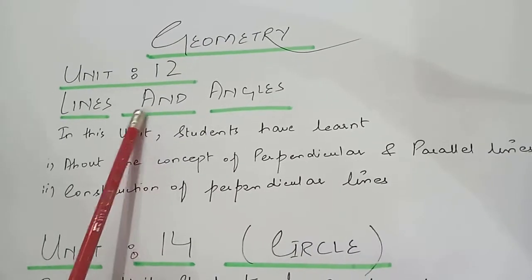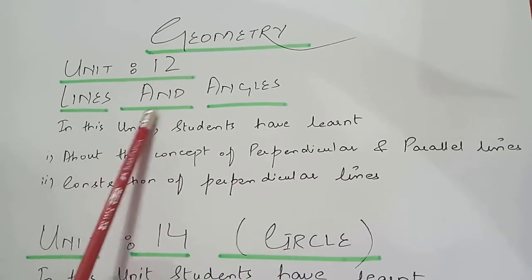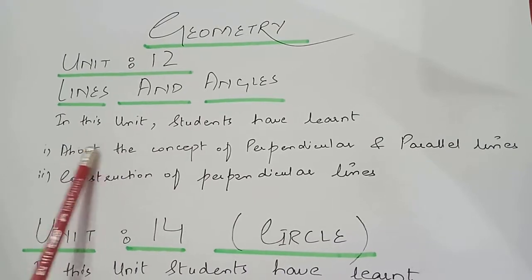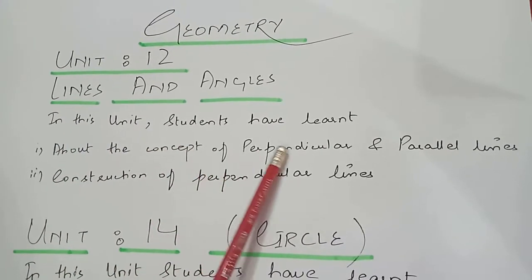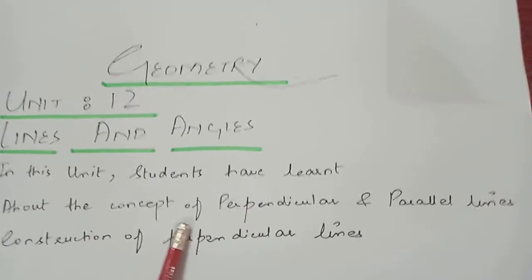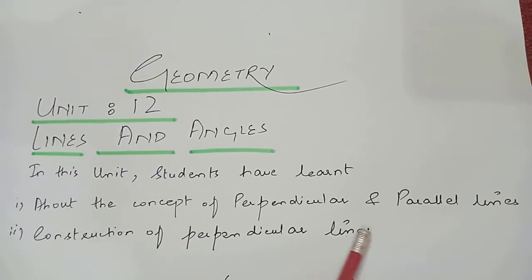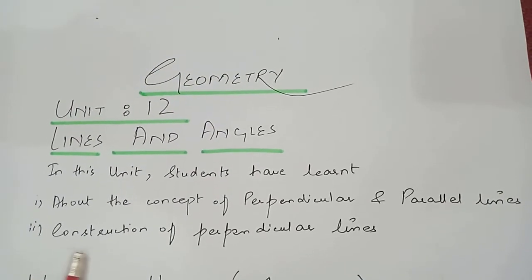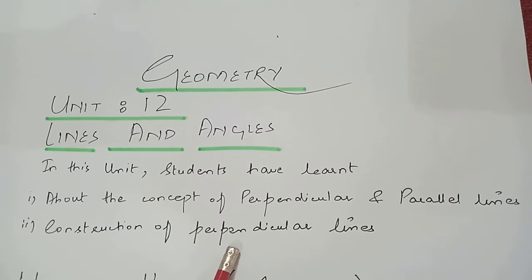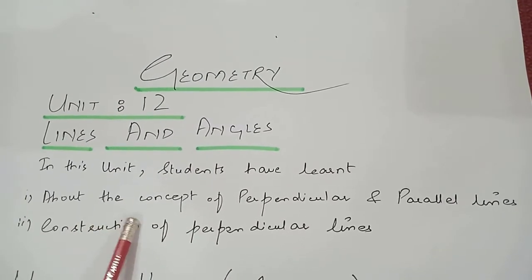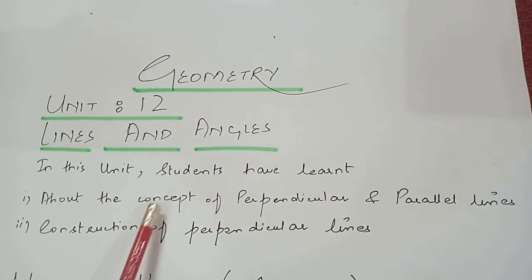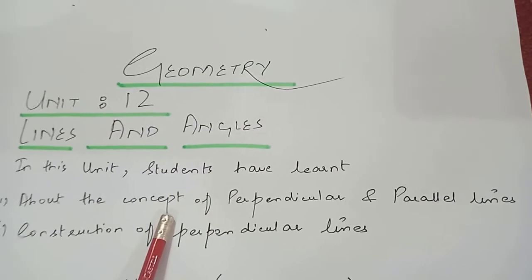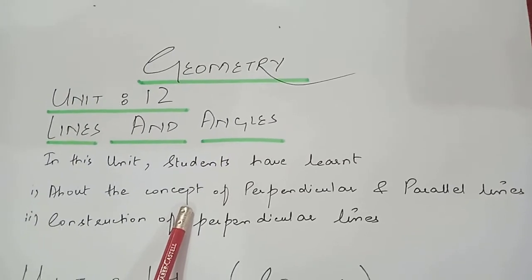In the geometry section, unit number 12 is included: lines and angles. In this unit, students have learned about the concept of perpendicular and parallel lines and transversal. Number 2, construction of perpendicular line. What is a perpendicular line? Perpendicular lines are two lines that intersect at 90 degrees.